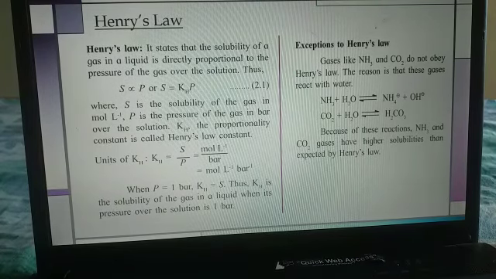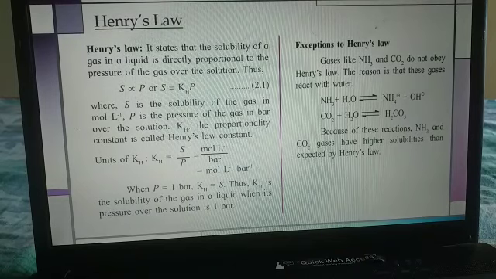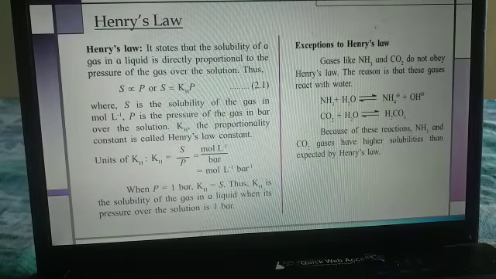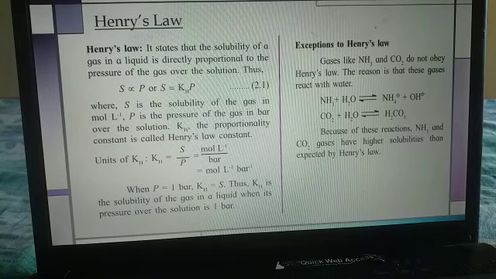We take one example of Henry's law: a carbonated soft drink, which is a beverage sealed with a cap. It is pressurized by a mixture of air and CO2. Soft drinks like Coca-Cola and Pepsi are put inside the bottle with some amount of gas.